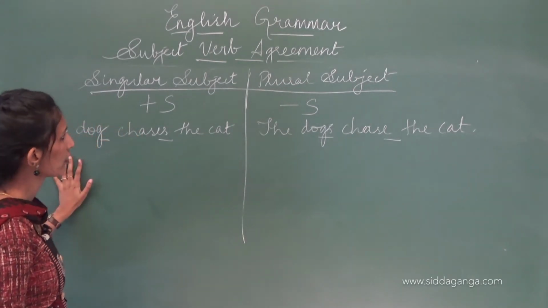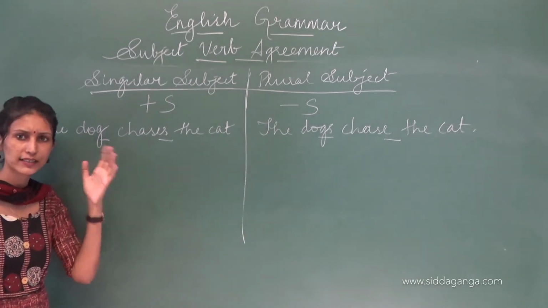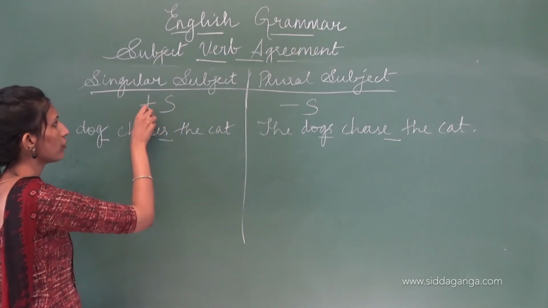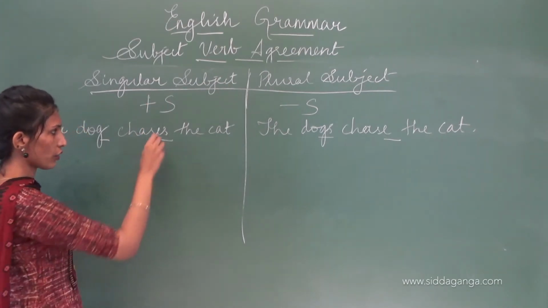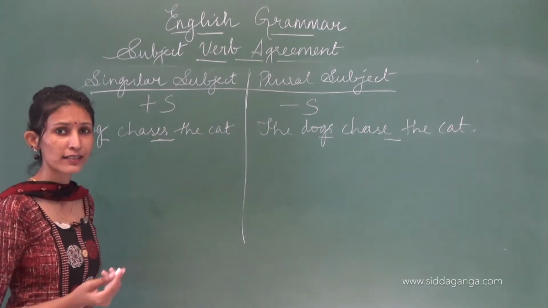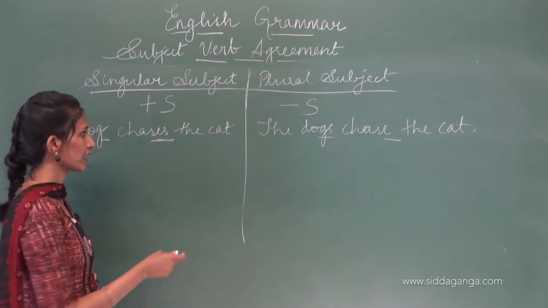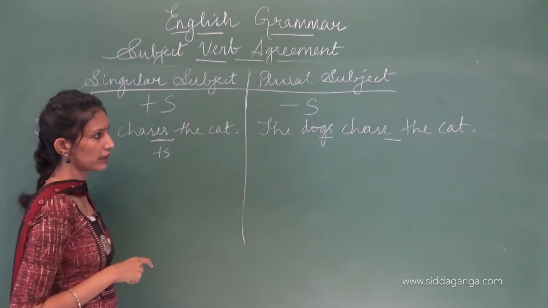Now look at a singular subject here. Who is a singular subject? The dog is the singular subject. So what you have to do? Plus s, to the verb here. So what have you done? Chases. Okay, the sound z comes, not s. So you have added s over here, chases the cat.